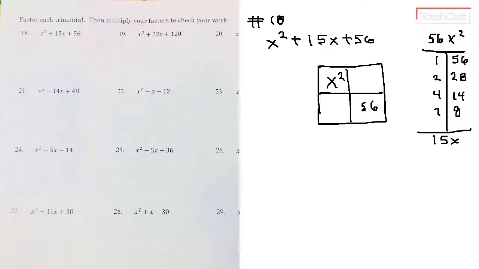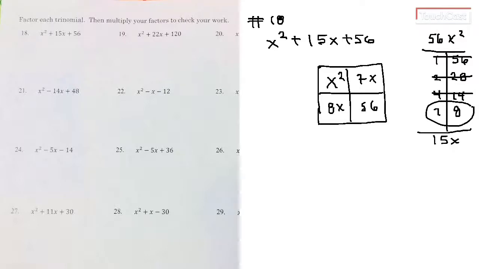I need to figure out which one of these factors will add up to 15. 1 and 56 does not. 2 and 28 will not either. 4 and 14 doesn't either. So my last one is 7 and 8. Those are my two terms that go in my other box. Make sure to put an x with them.